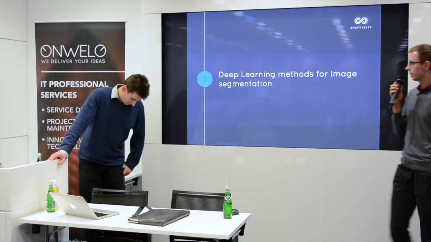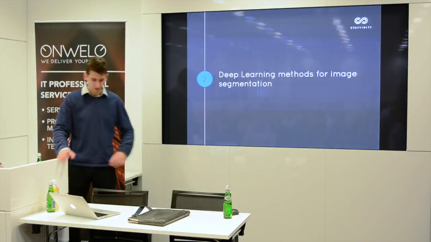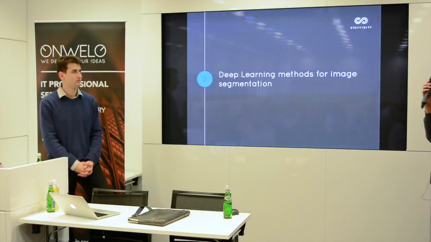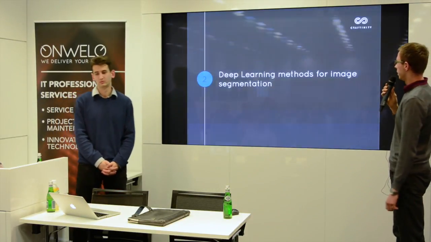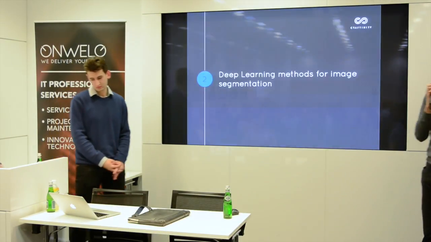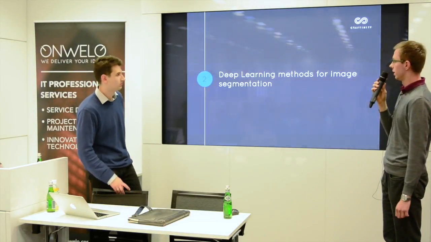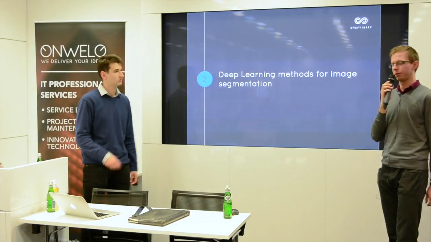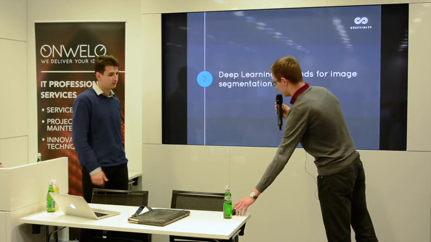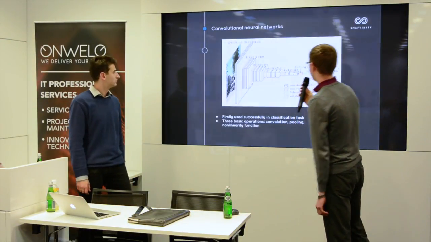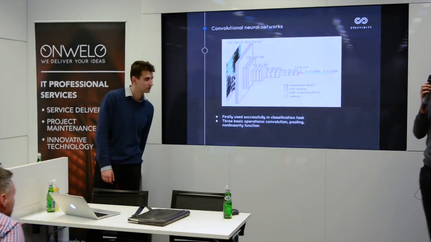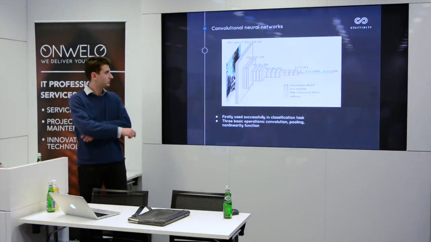So after 2012, and especially after AlexNet won ImageNet in the classification task, deep learning methods arose and became the first choice for computer vision tasks. So there were some starting methods for image segmentation.